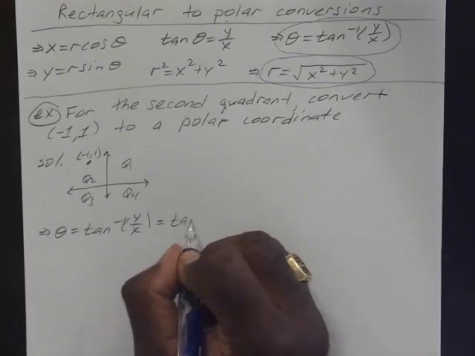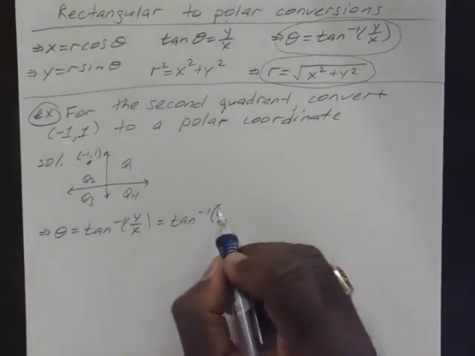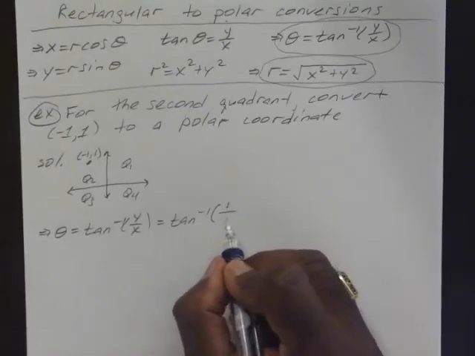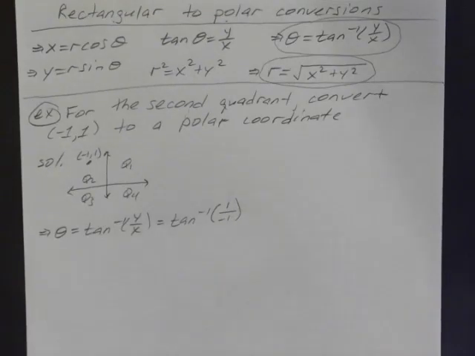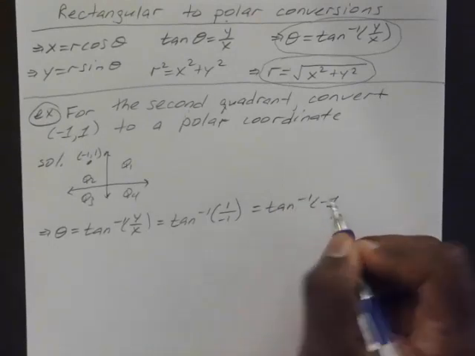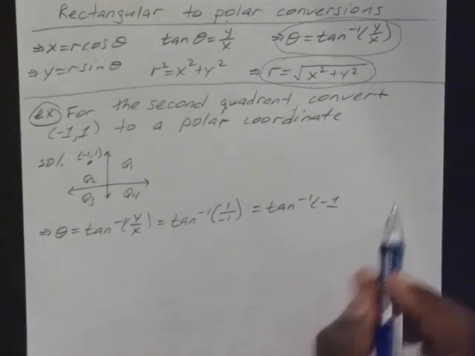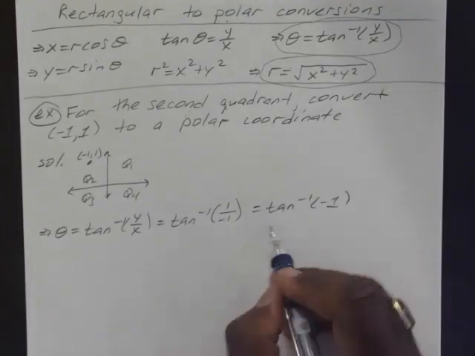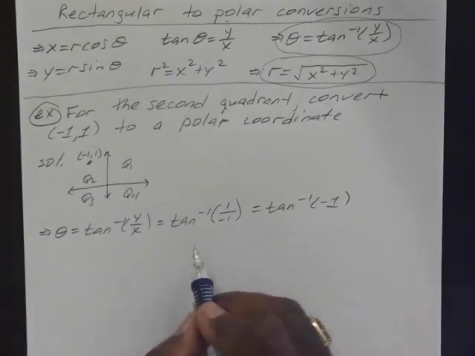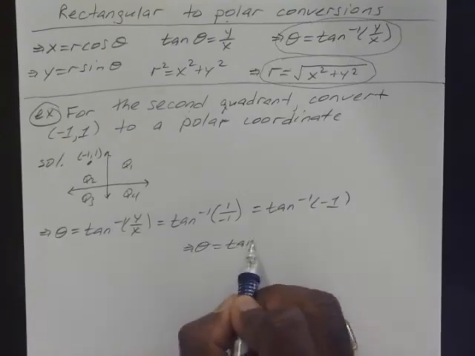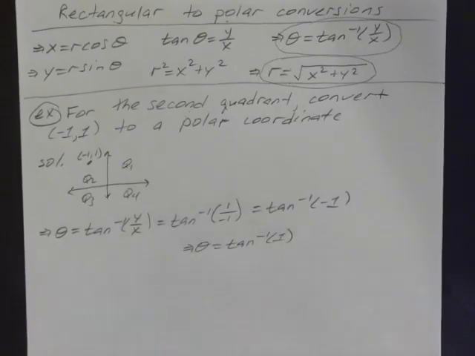So that's equal to tangent inverse of y, which is 1, over -1, which is tangent inverse of -1. Oops. So we know that our theta is equal to tangent inverse of -1.